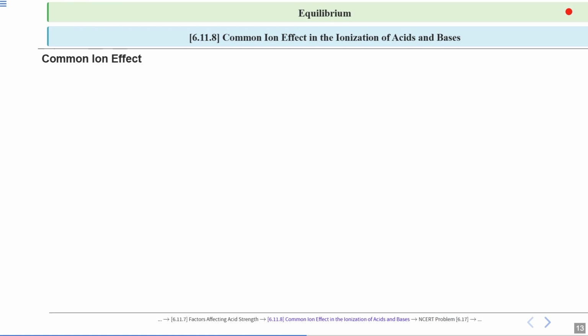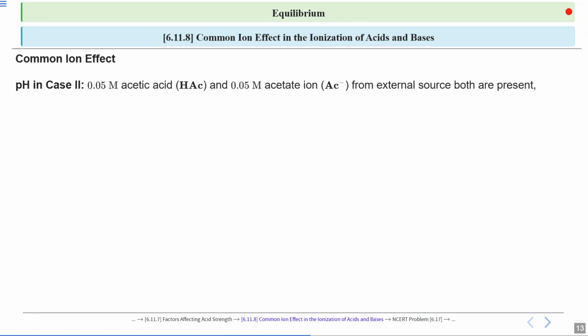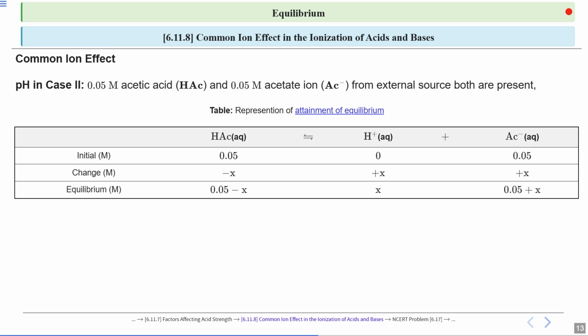Now in the next case, what are we doing? We are adding this common ion, which is present in a concentration of 0.05 molar in the solution. Then, if you represent this whole scenario in a table, we can represent it here. Suppose we have initially 0.05 molar of acetic acid, and we have added 0.05 molar of acetate ion.